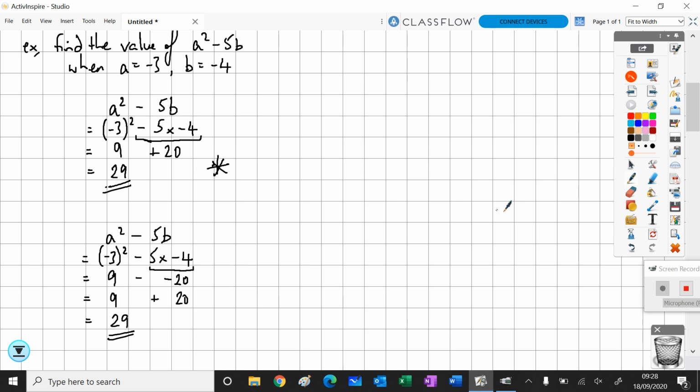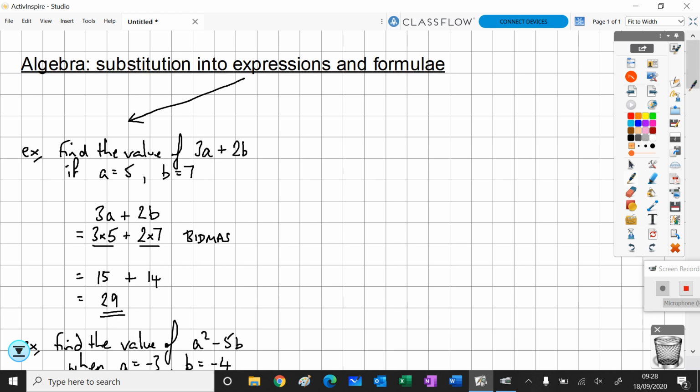So substitution into an expression always works like this. And perhaps the key thing to notice is that there's always an equals sign down the left-hand side. If instead we substitute into a formula, it looks very similar, but there is an important difference. An example, and I'm going to use something that looks very similar to what we did over here.